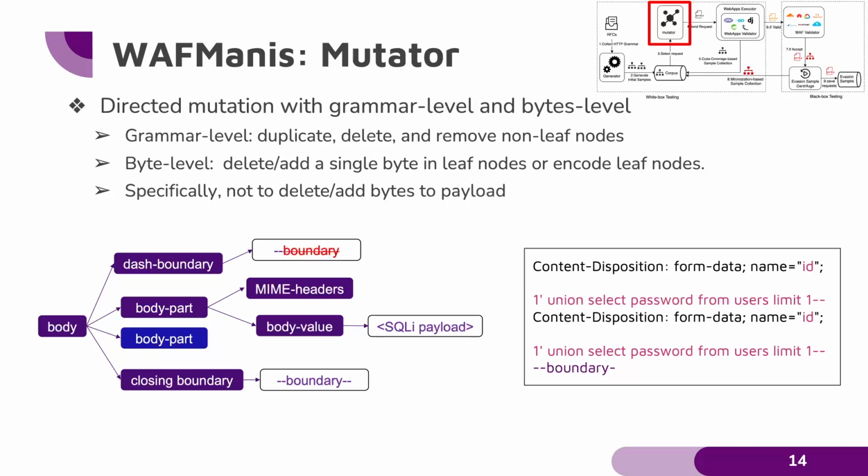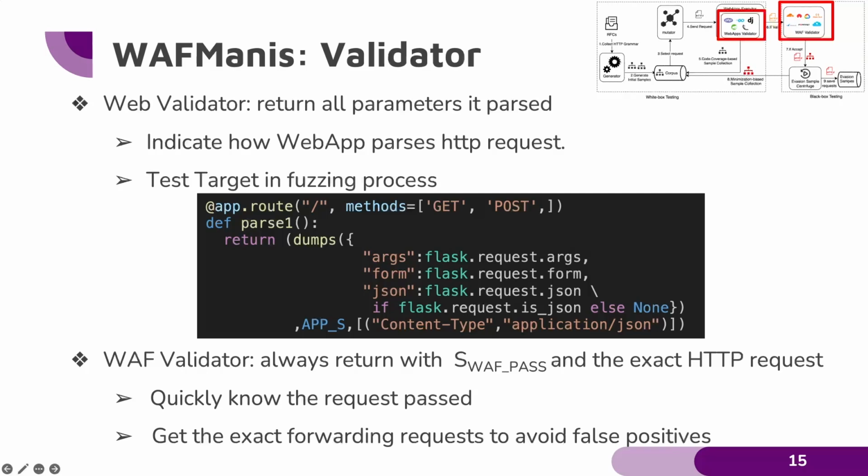The mutator duplicates the body part subtree and deletes bytes in the dash boundary node, so the corresponding messages turn into the examples shown on the right. Specifically, we do not add or delete bytes in the payload node, to ensure the samples can be further applied to any payload.